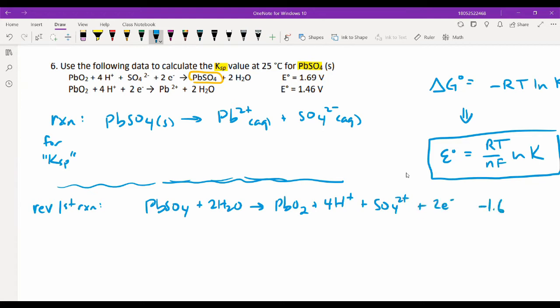That's going to be negative 1.69. And the other one we're going to keep the same. PbO2 plus 4H+ plus 2 electrons goes to Pb2+ and 2 water. That's going to be 1.46.